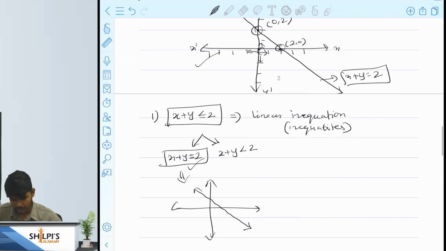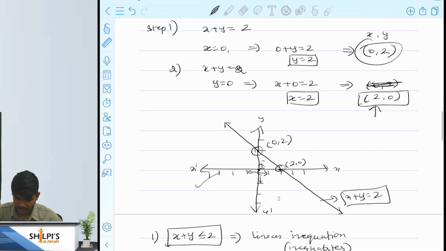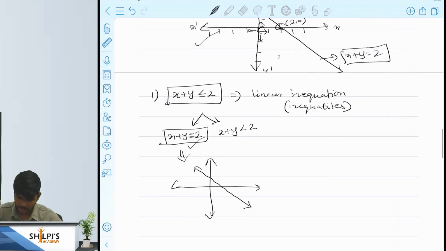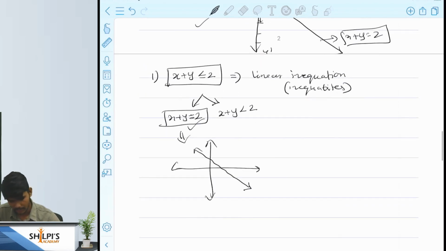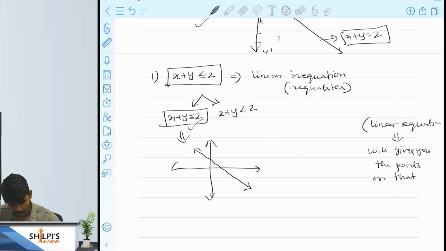The difference between linear equation and linear inequation, note this point: a linear equation gives you the points on that particular line.